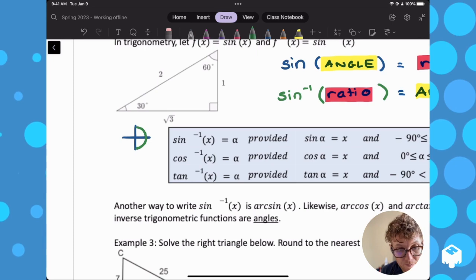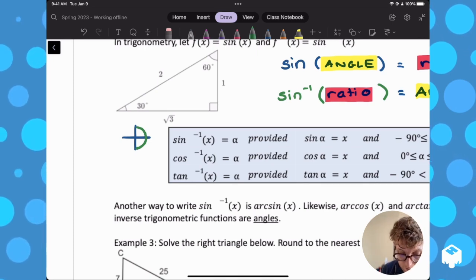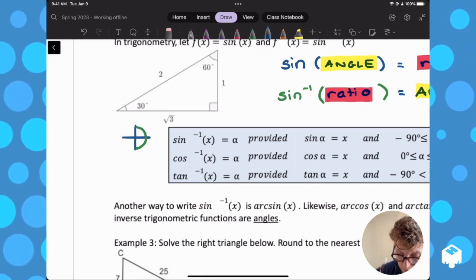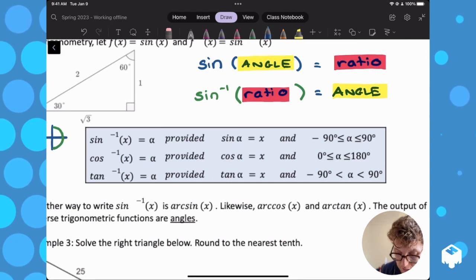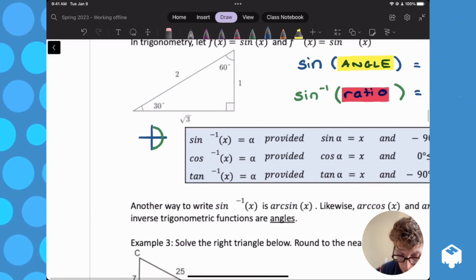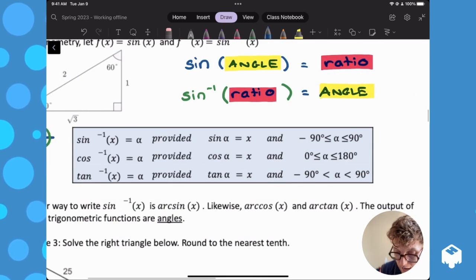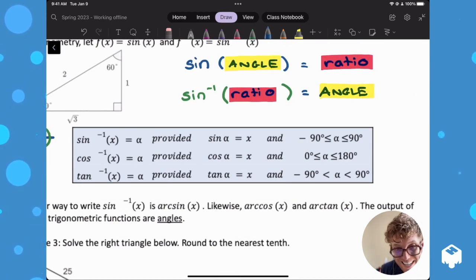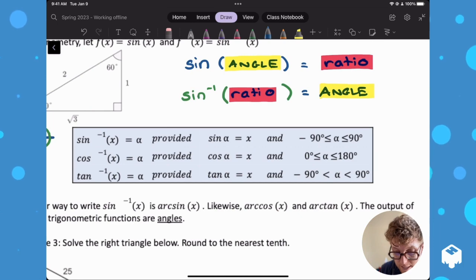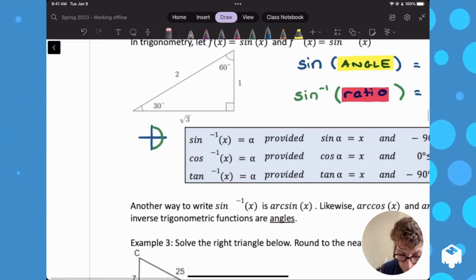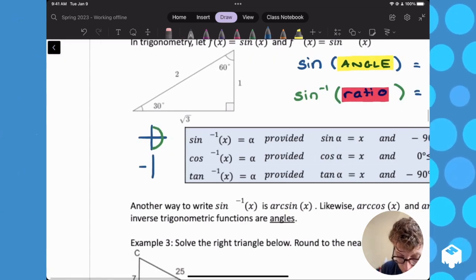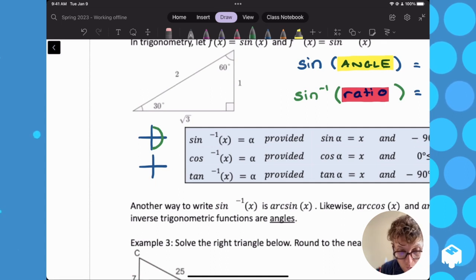The cosine function, on the other hand, is always going to give you 0 to 180. So its output will always be between 0 and 180. There can be angles that have that same ratio that are larger than that, but for the cosine function, the output will always be between 0 and 180.